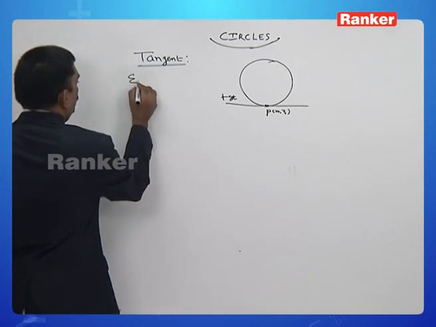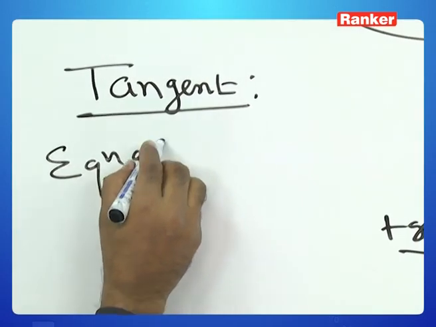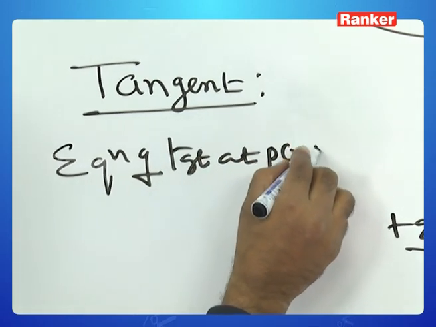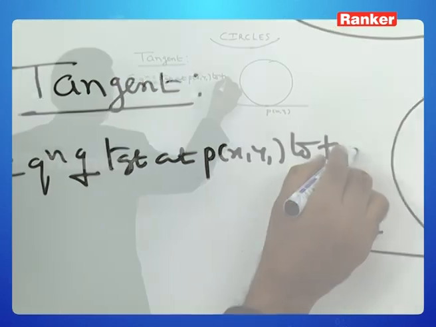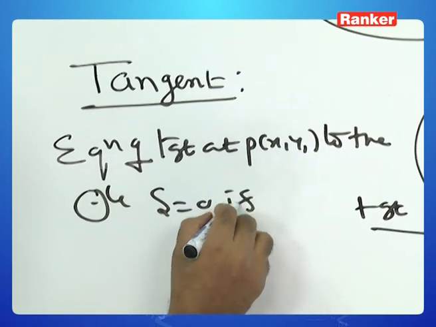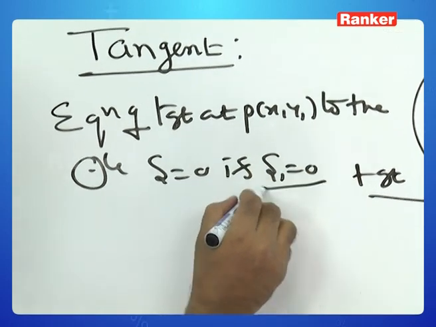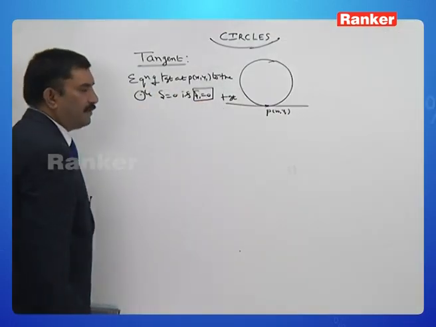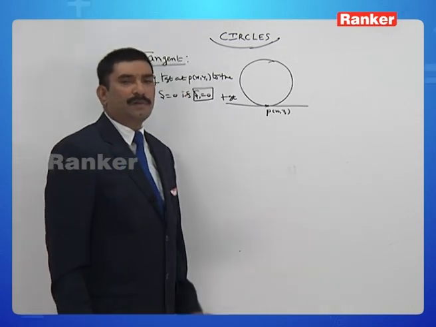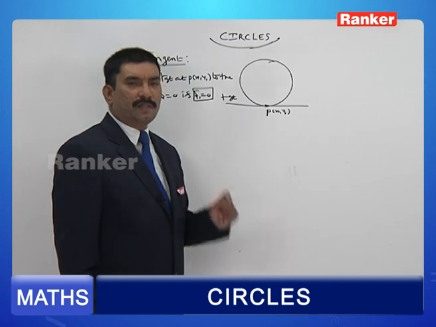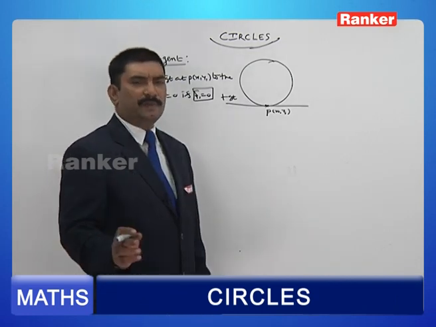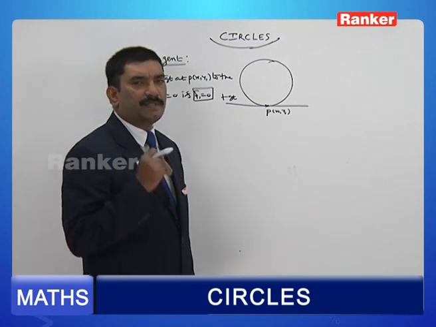The equation of the tangent at P(x1, y1) to the circle S = 0 is S1 = 0. This S1 = 0 plays a vital role throughout coordinate geometry, especially circles, parabola, ellipse and hyperbola. So S1 = 0 represents a tangent.